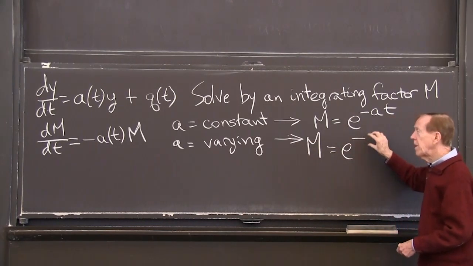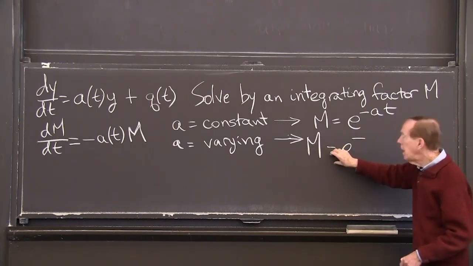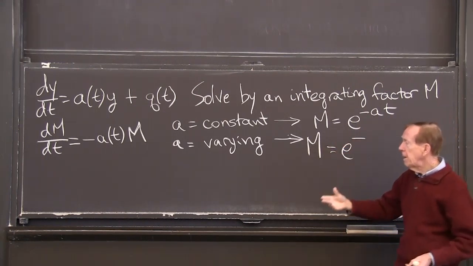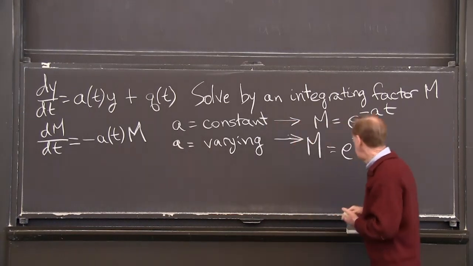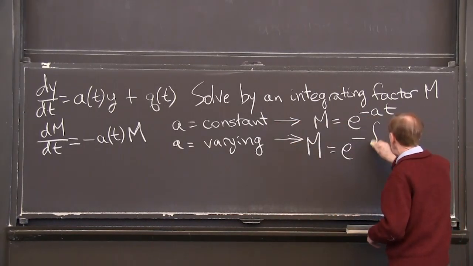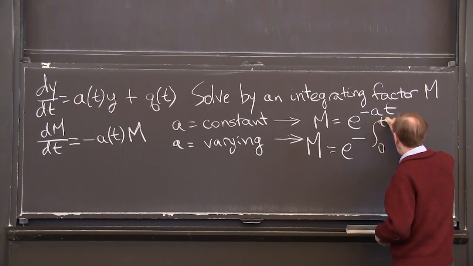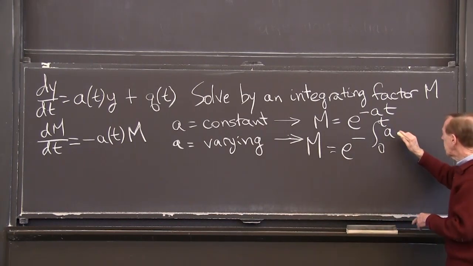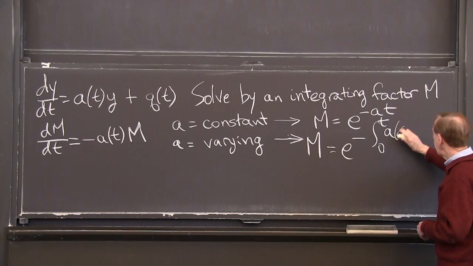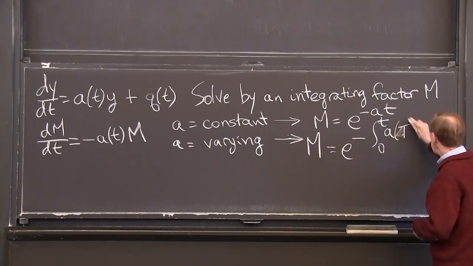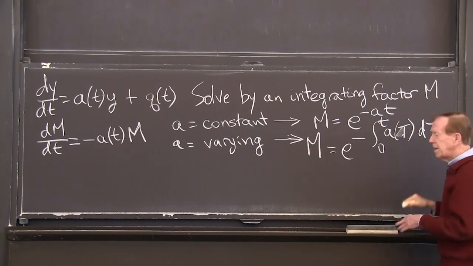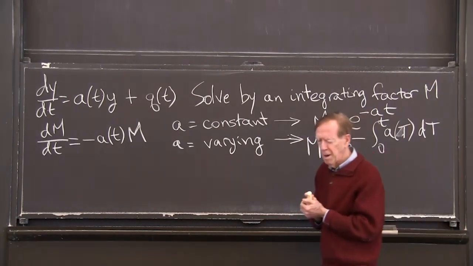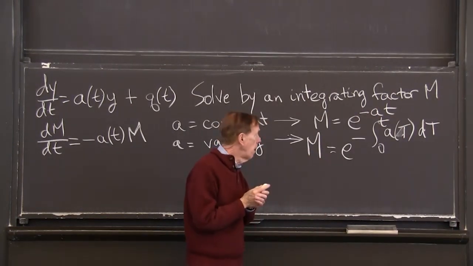And then the derivative of the integral is a minus a coming down as it should. So I want minus the integral of a. And can I introduce a dummy variable, say, a of t dt, just to make the notation look right.